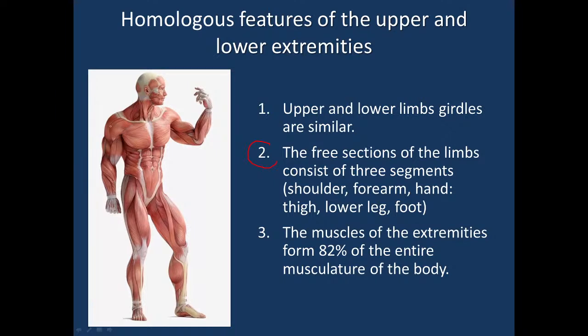In upper limb we have shoulder, forearm, and hand, and we also have three segments in lower limb. We call it thigh, lower leg, and foot. So those are similar segments.